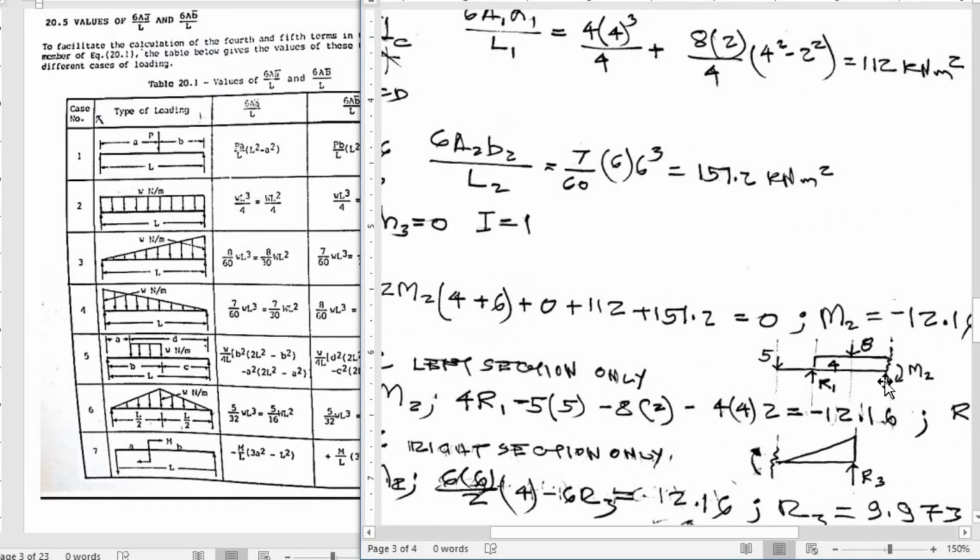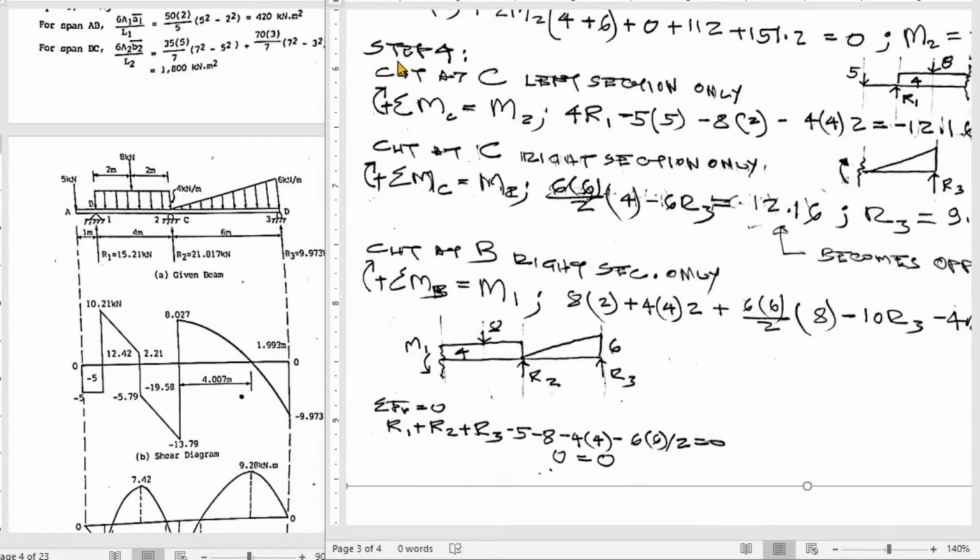Ito yung figure. Okay, so cutting section at C, dito siya. And we consider only the left section. So, ang i-consider natin ngayon, itong A, B, tsaka C. Ito yung figure. Ang loads, you have the 5, the uniform, and the 8. Ito siya. So, take moments at point C, clockwise as positive, is equal to M2.